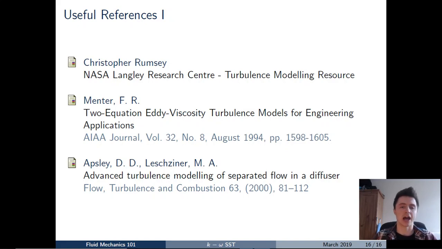And Apsley and colleagues use this as an excellent validation case to really compare the different turbulence models, and you'll be able to see quite well from this example that actually the K-omega SST model does do a much better job than many of the other RANS turbulence models for modelling separation from a smooth surface.